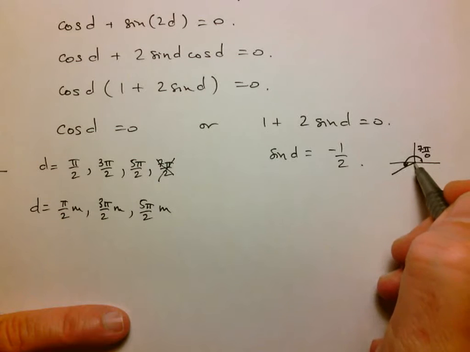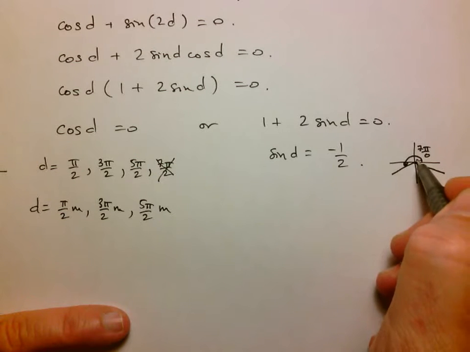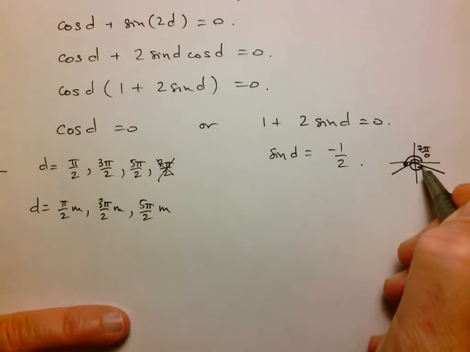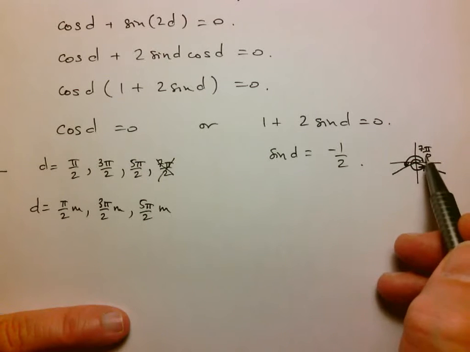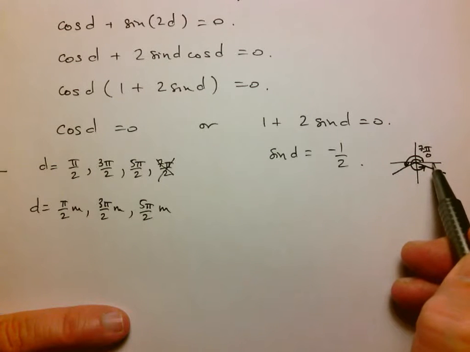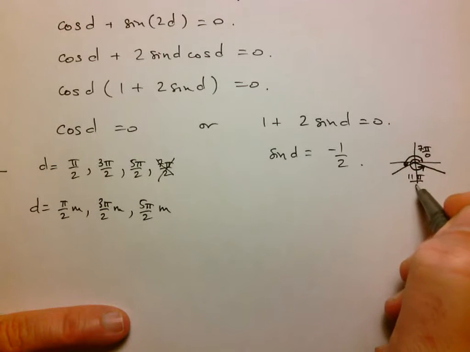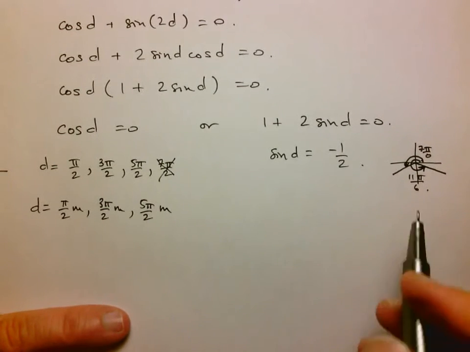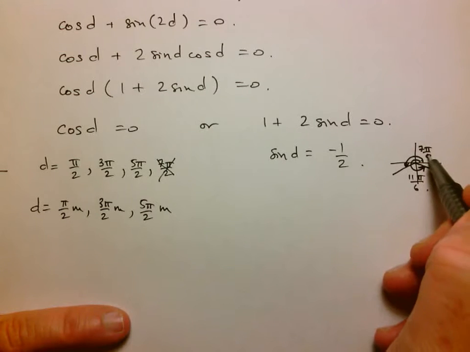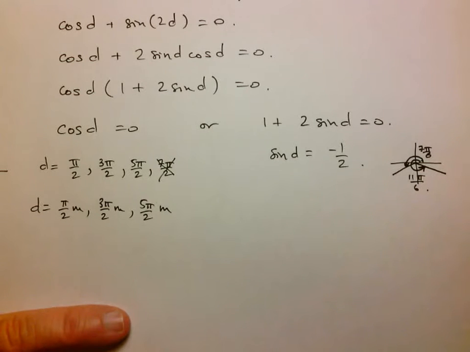Or of course I've got another version in the fourth quadrant. That would be 12 pi over 6 would be all the way around, minus pi over 6, so this would be 11 pi over 6. So I make use of my knowledge of the Cartesian plane to help me determine these angles quickly.